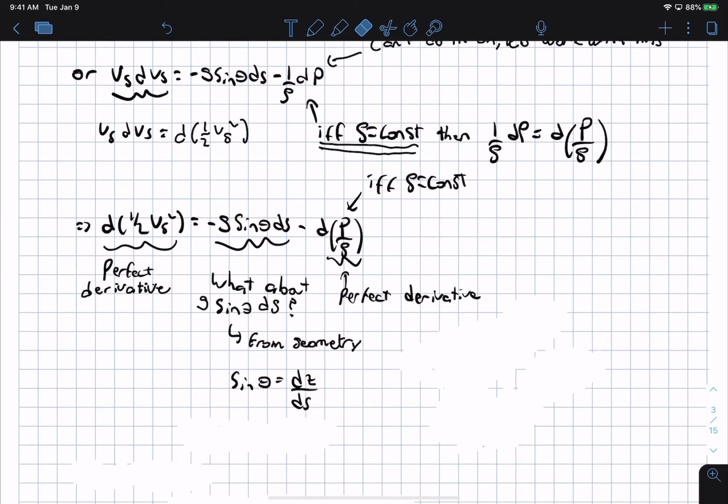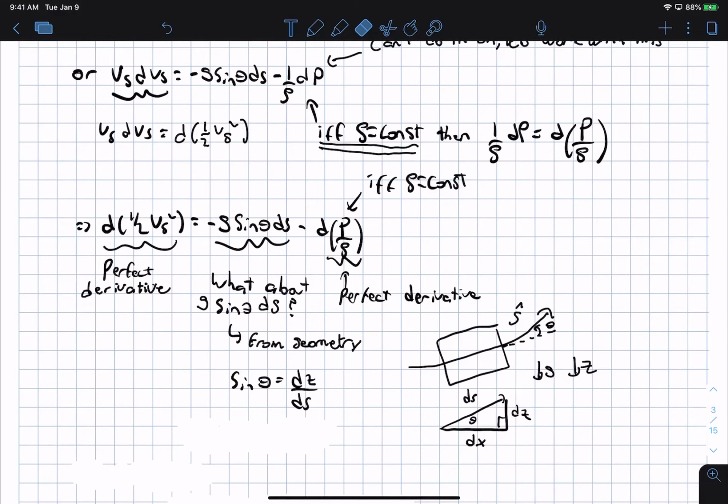Well, let's just look at the geometry. If you look at the geometry, you'll find that you have dz in this direction here. ds is along the streamline, and you'll have some dx here. We don't care what that is. We know that theta is this direction here, and so sine theta is just dz divided by the hypotenuse ds.